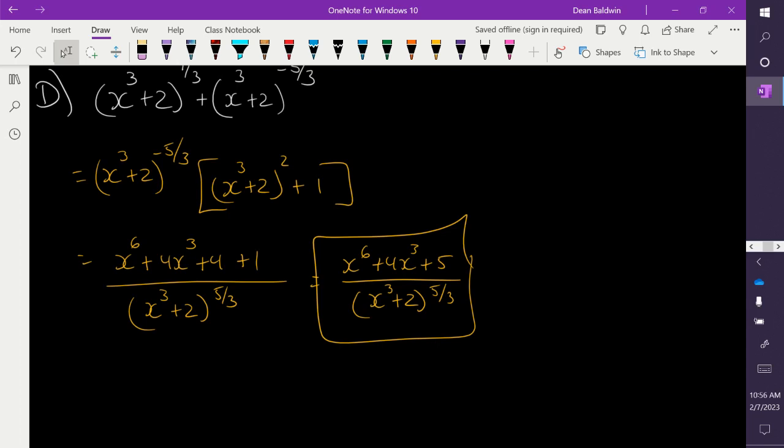Which kind of sucks? This is all review though. Graphic rational function.